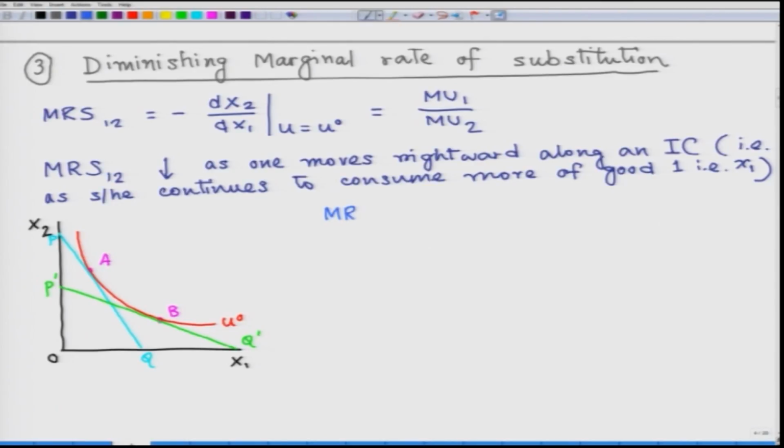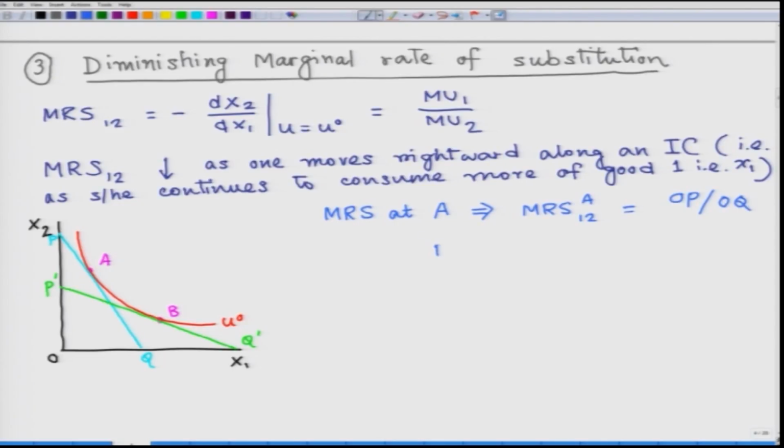In that case, MRS at point A would be OP over OQ.